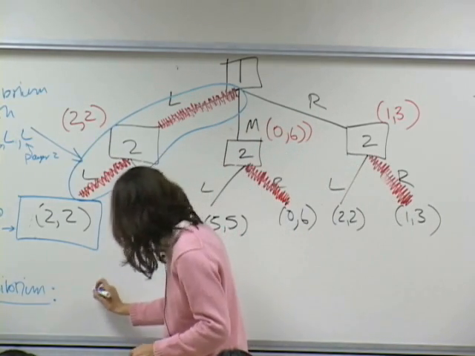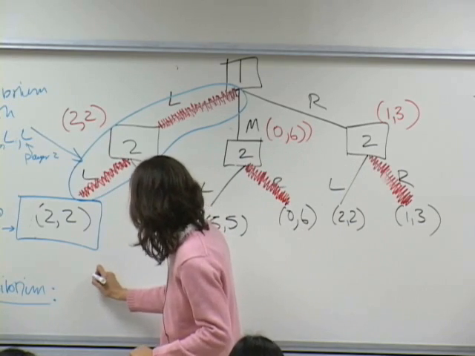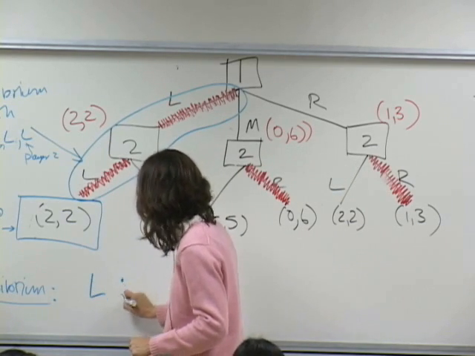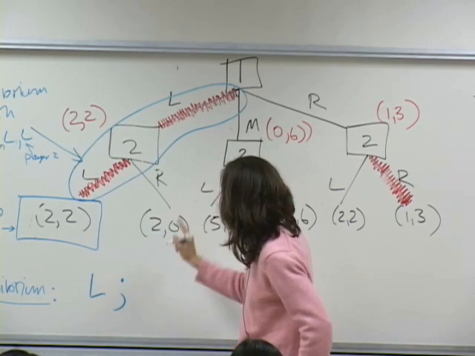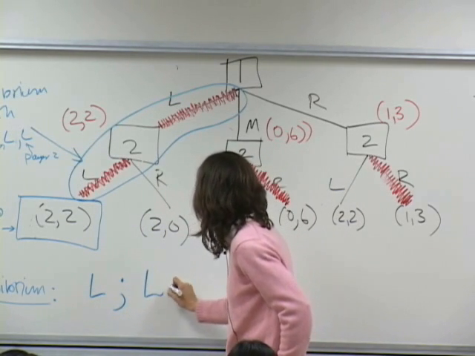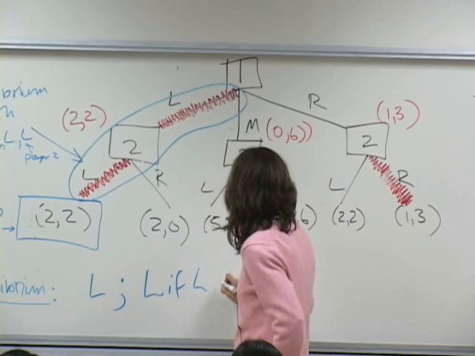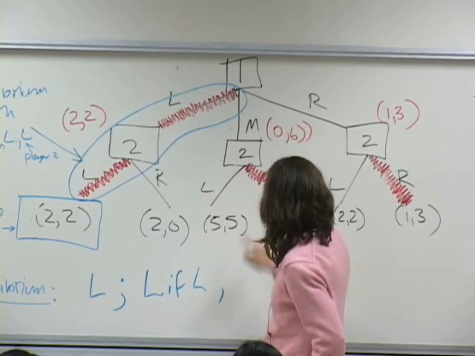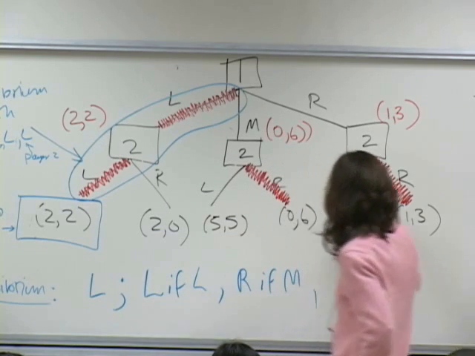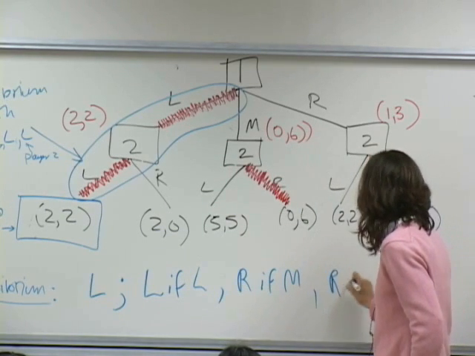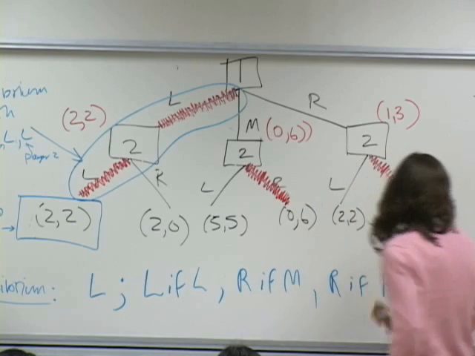So player one's equilibrium strategy is to choose left. Player two's equilibrium strategy is left if left, right if middle, and right if right.